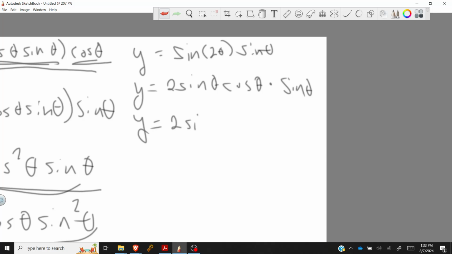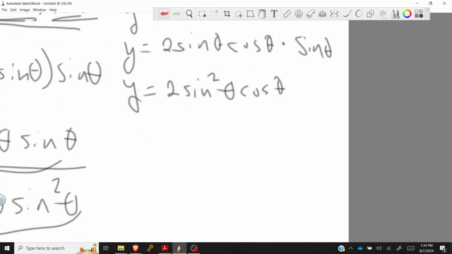So y is equal to 2 sine squared theta cosine theta. It's using that identity. It's using the equation that we just solved. And then the Pythagorean identity.